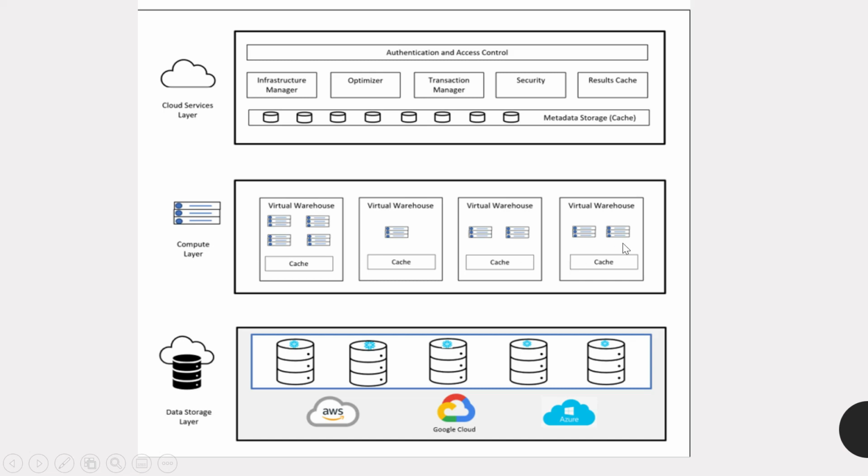So multiple warehouses with their own caches, and on top you have all of those services, a metadata storage layer and a cache, which interact to optimize the query that you fire. There is a transaction manager which manages transactions, because Snowflake supports ACID transactions. Security is also handled, and they interact with the bottom two layers. That's how the Snowflake architecture, or its components, look.